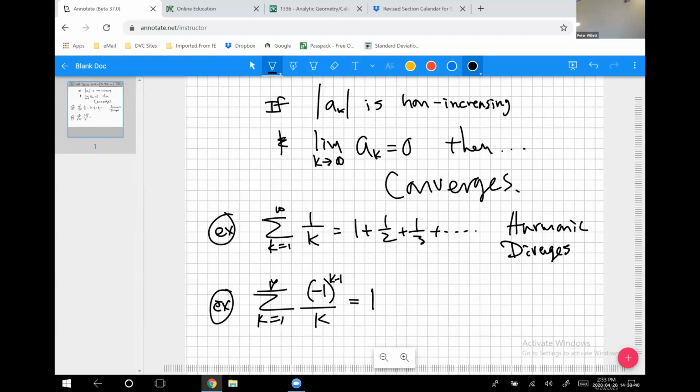Then I get 1 minus a half plus a third minus, etc. This is the alternating harmonic series. And it passes the alternating series test we just wrote out, so this converges.